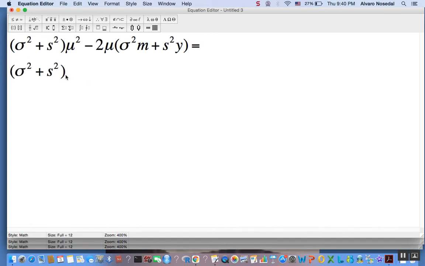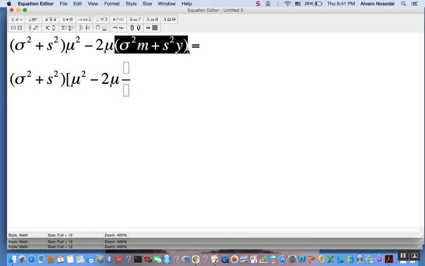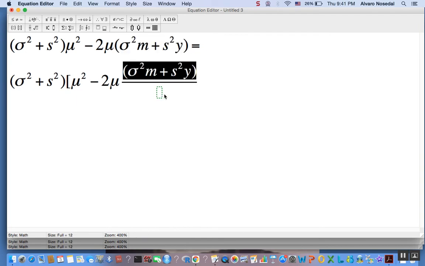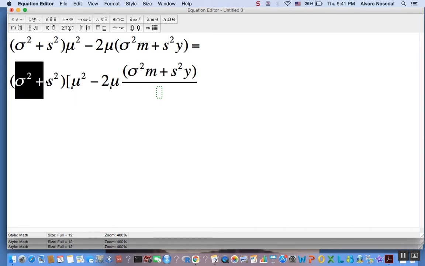And if we did that, we would have mu squared minus 2 times mu and then we would have this divided by sigma squared divided by s squared.